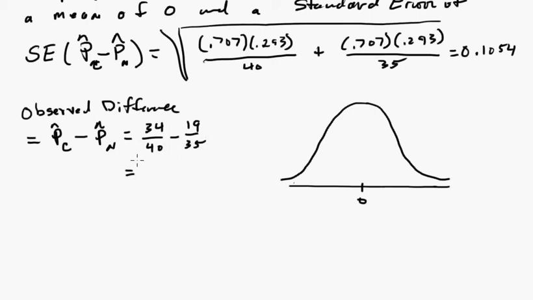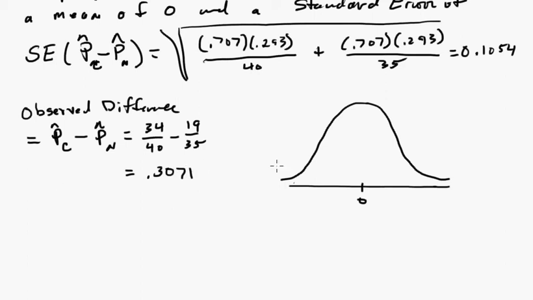You can do that in one entry: 34 divided by 40 minus 19 divided by 35. So I get 0.3071. That's the observed difference.